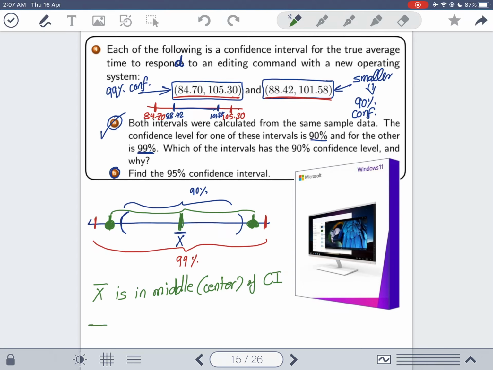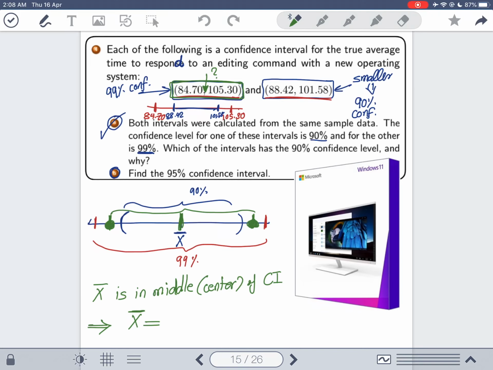So what we can do is compute X bar. Let's choose either 99 or 90%, the ones that we are given already. I'm going to choose the 99% confidence interval. Now, what is exactly the middle point in this interval? How do you find the middle point between two points? It's the average of the two points.